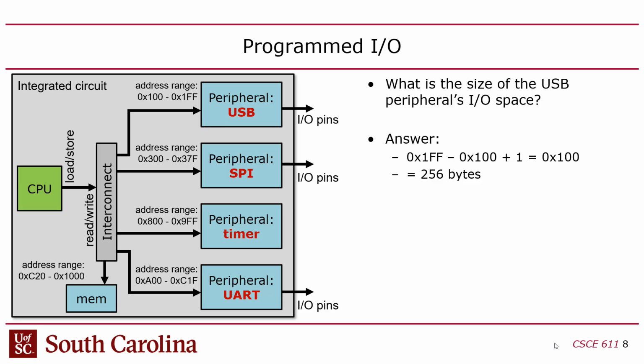Once you go off chip, then there's a different way that communication is done, and in these types of low power platforms, we typically use serial I/O to go off chip, to go external.